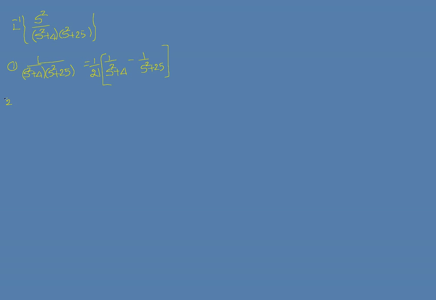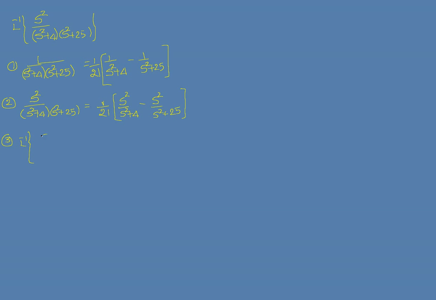So in the next step, we need s square by something. Therefore, s square by s square plus 4 into s square plus 25 is equal to 1 by 21 into s square by s square plus 4 minus s square by s square plus 25. Now you apply the inverse Laplace on both sides.